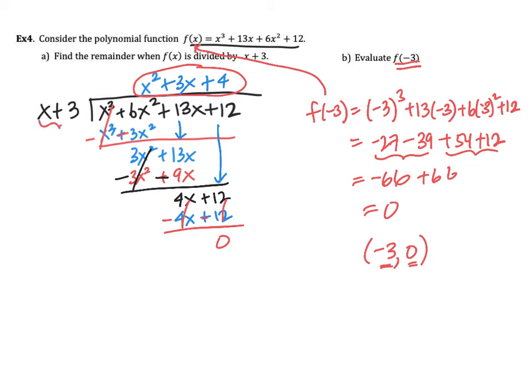Okay, well look at this. If we divide by x plus 3, that would be a root of negative 3. If it divides into it evenly, that means graphically there is a root at negative 3. So how do these two things connect? Well, let's talk about it in the next slide.